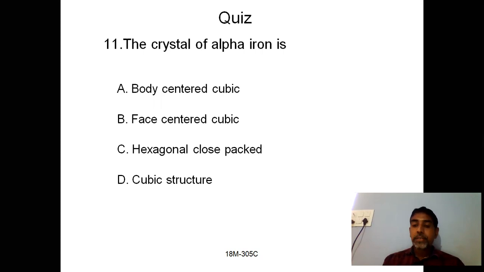Without remembering those things, you are unable to answer. If you remember properly, you can answer in a few seconds, otherwise it is very tough. So what is the answer? Body-centered cubic. Alpha iron has a body-centered cubic structure.